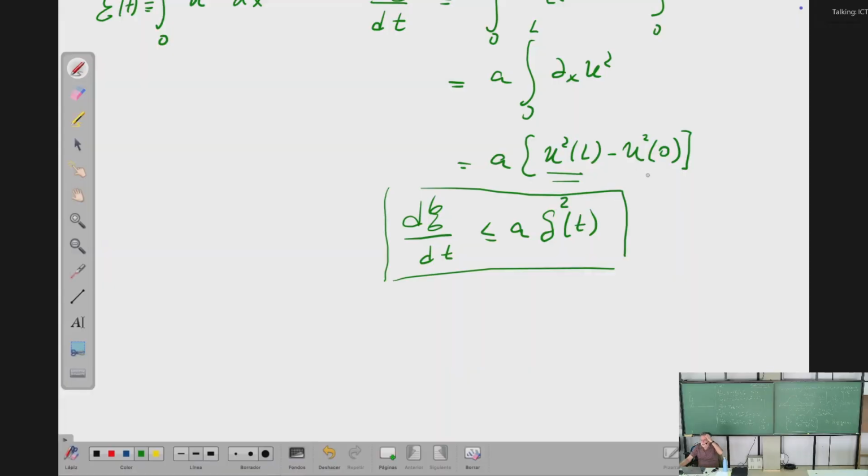And this, you see, doesn't play any role. This is the energy that is being lost, and it's okay. We have waves that are going like this, and when they pass this line, they go away, so they don't contribute to the energy.